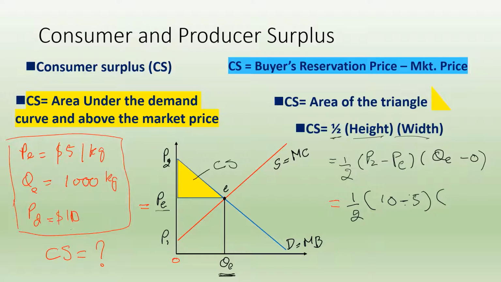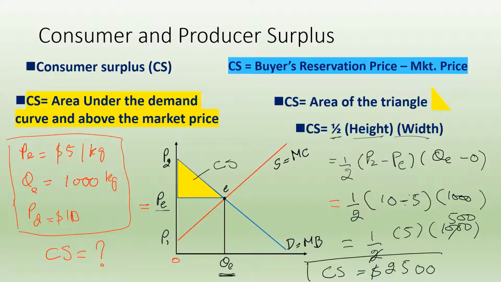And the quantity sold and purchased is 1000 kilograms. So it is going to be 1 by 2 into 5, into 1000, so we will have $2500, which is the consumer surplus in this market of rice.